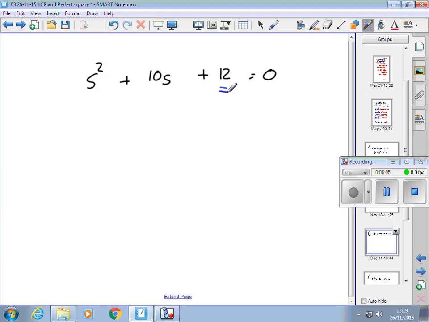So if I added 25 to both, I added 13 to both sides, I'd have a perfect square, would I not? So if I say S squared plus 10s plus 25 equals 13, then I'd have a perfect square. So I can make the left-hand side equal to a perfect square.